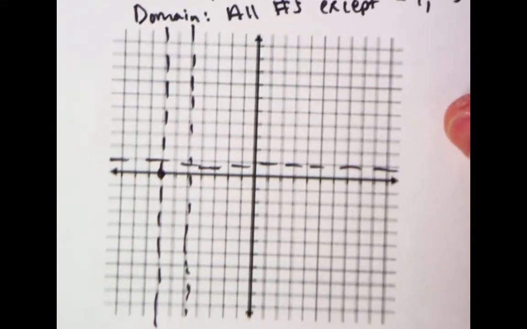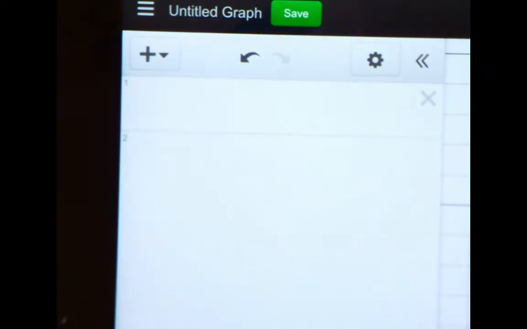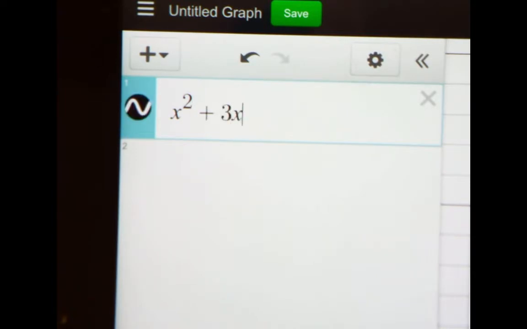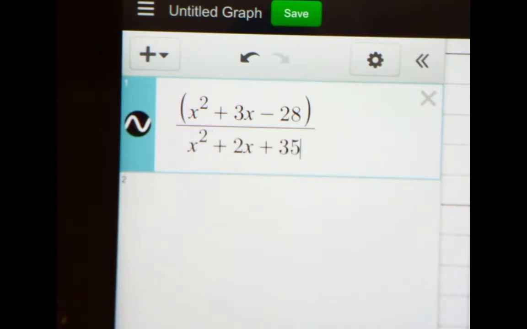This is going to look sort of weird on a graph, so let's look at this on a graph. So I'm going to put this into Desmos. I have x squared plus 3x minus 28 all over x squared plus 12x plus 35. Okay.